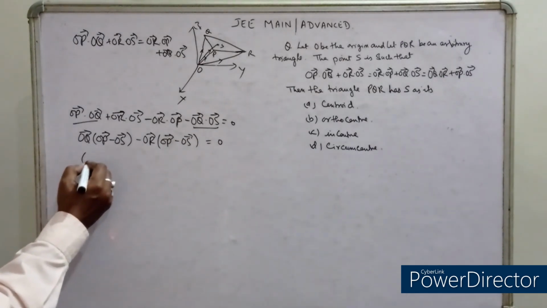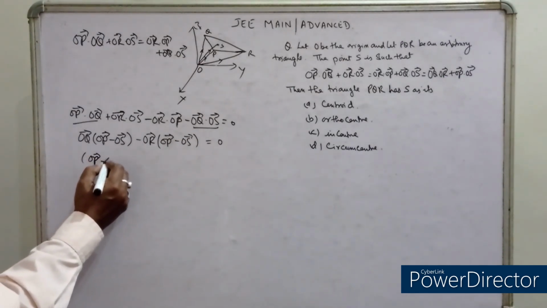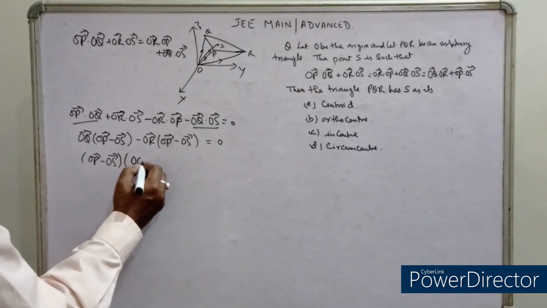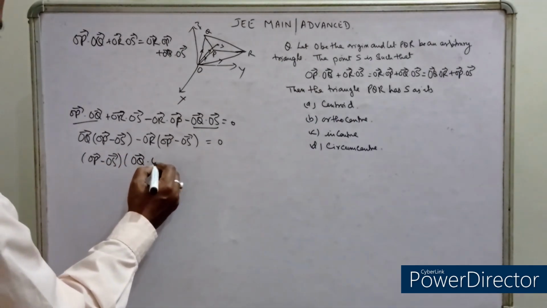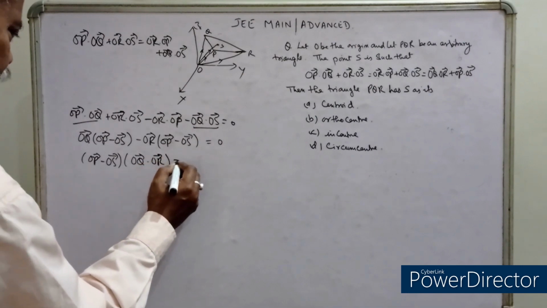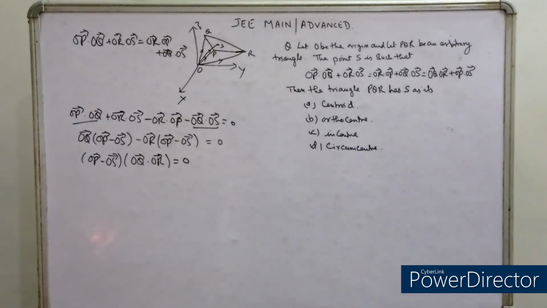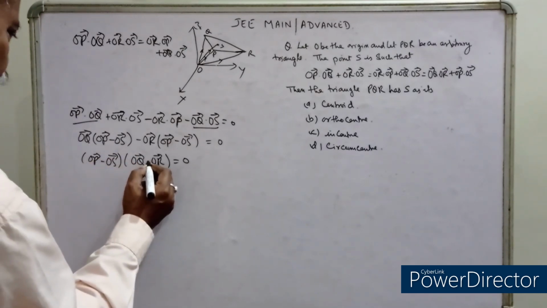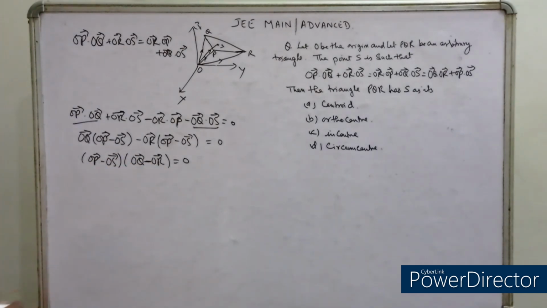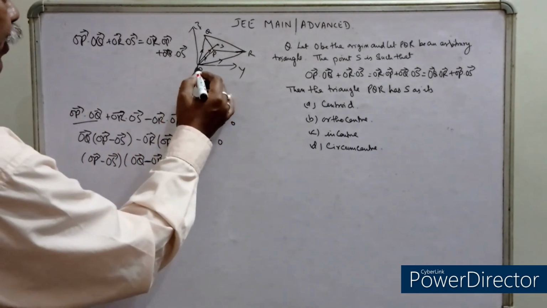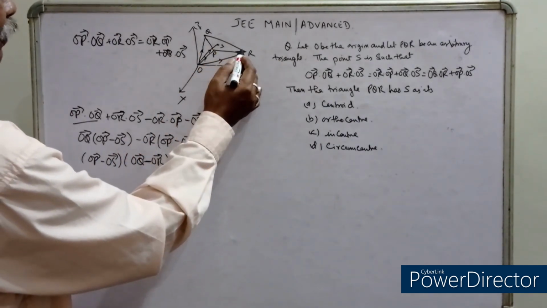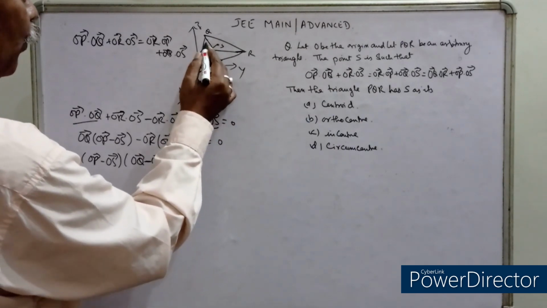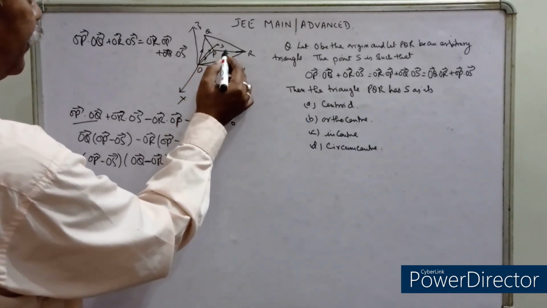Now here again OP vector minus OS vector is common, so this is OQ vector minus OR vector dot (OP minus OS) is equal to 0. Here you can see OQ vector minus OR vector.